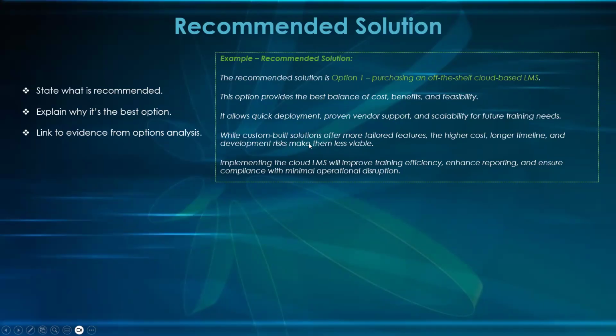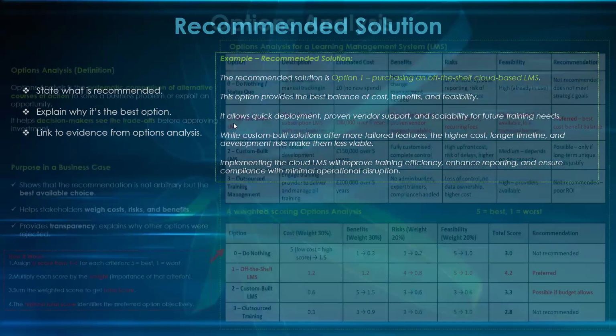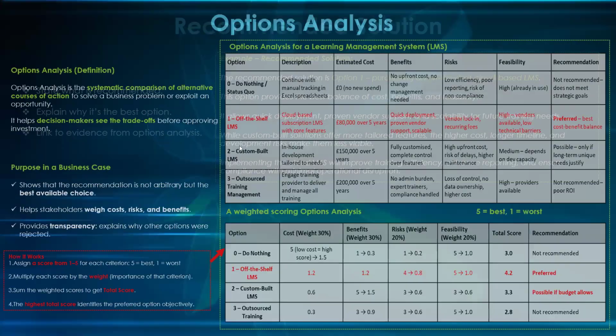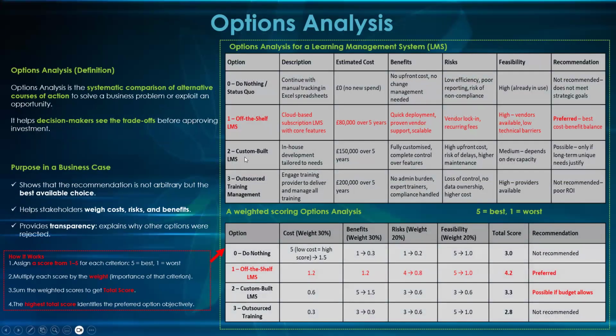While a custom-built solution offers more tailored features, again, you're comparing with the next closest option, the higher cost, longer time, and development risk make it less viable. So you have two good options here, but one is the most preferred. Two is the next.